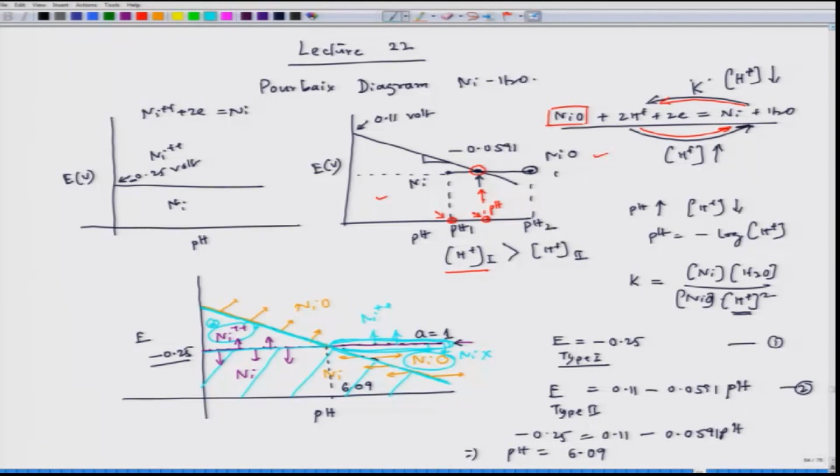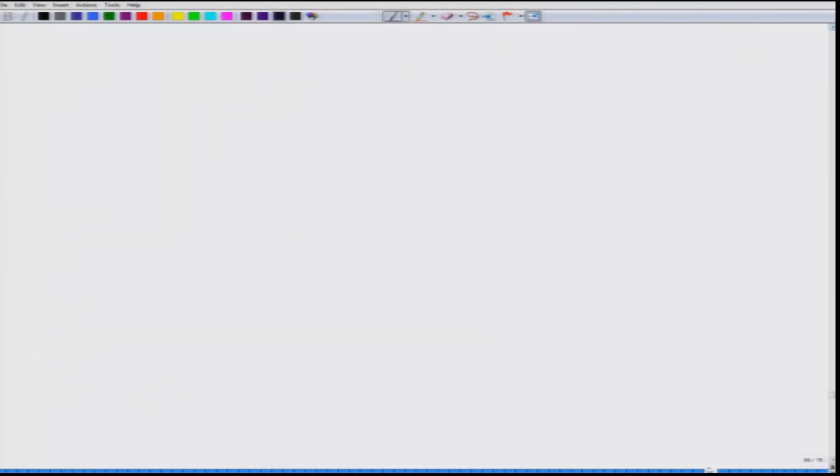Finally, if we club it together, it should be like this. We know this is Ni, this is NiO, this is Ni plus plus, but we have no idea what is going on here. In order to find that, we have to consider another reaction, the type 3.